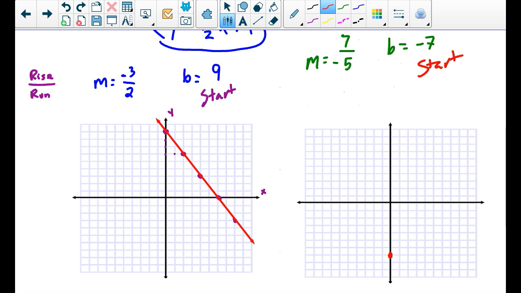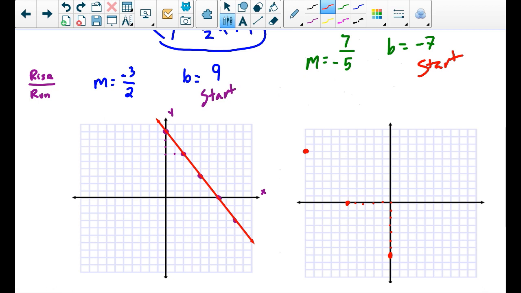So again, up 7: 1, 2, 3, 4, 5, 6, 7. -5 means which way? Left or right? Left. 1, 2, 3, 4, 5 points.